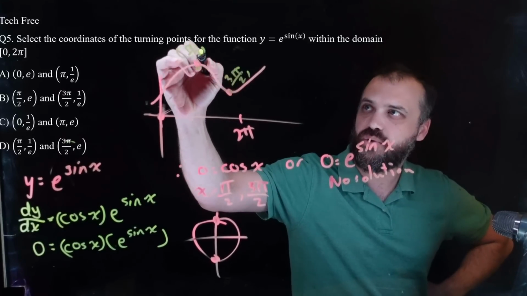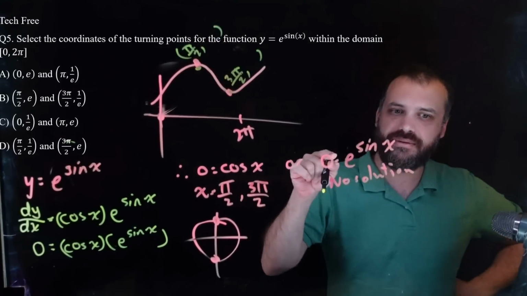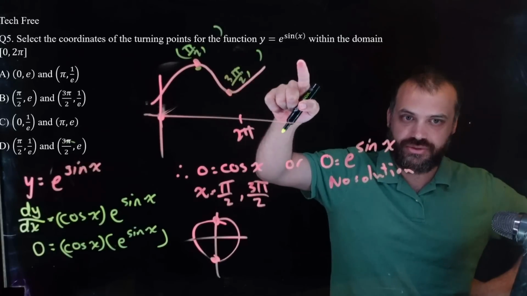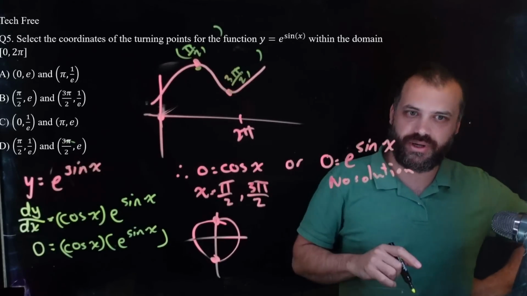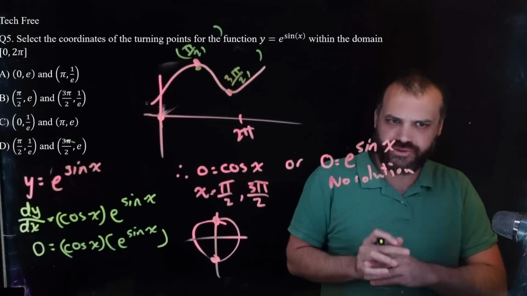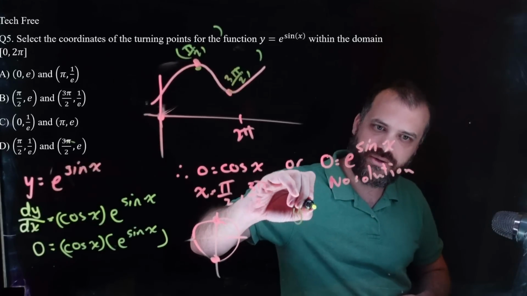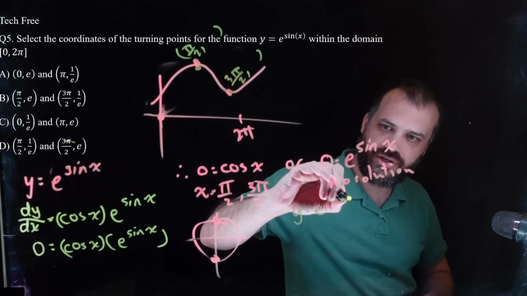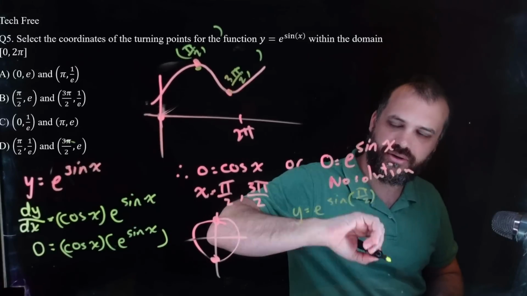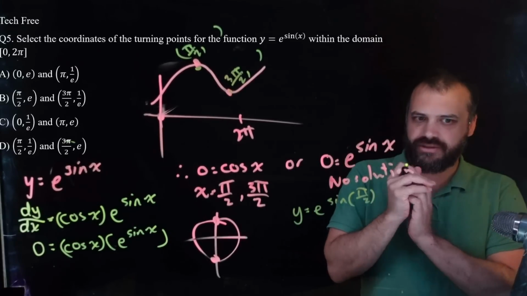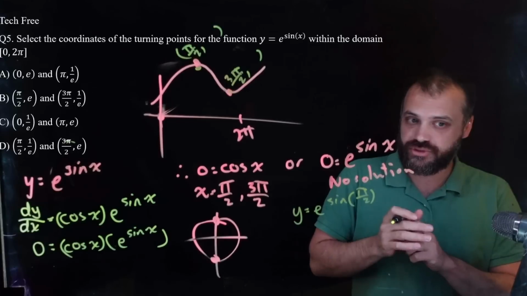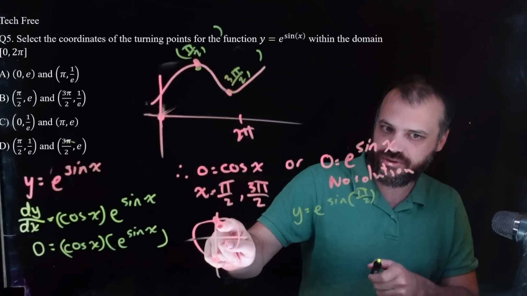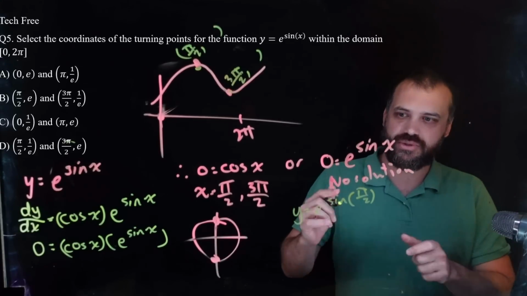But now I need my y coordinates, and I can find that by subbing it back into the original equation. So let's sub pi on 2 in. y equals e to the sine of pi on 2. Okay, the value of sine pi on 2, again, you should know, is 1.